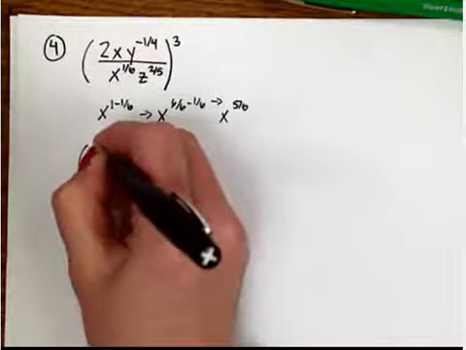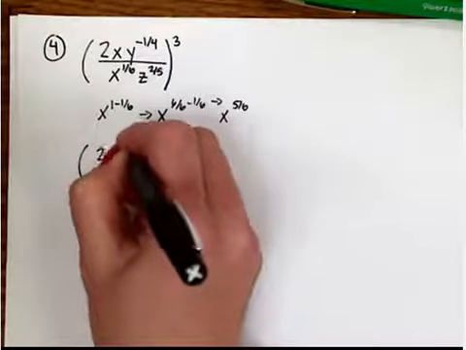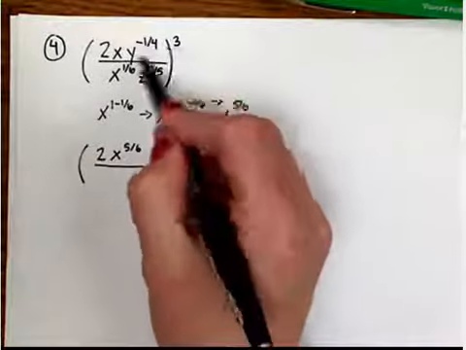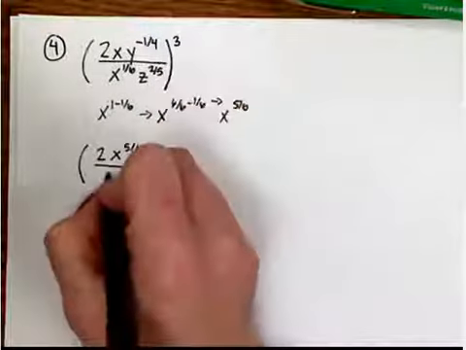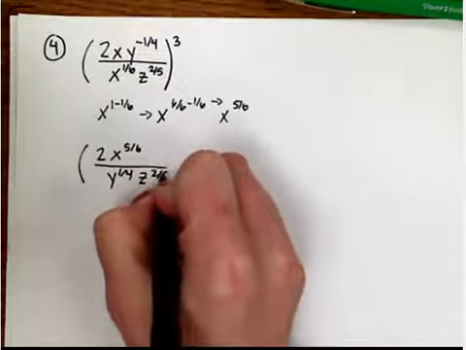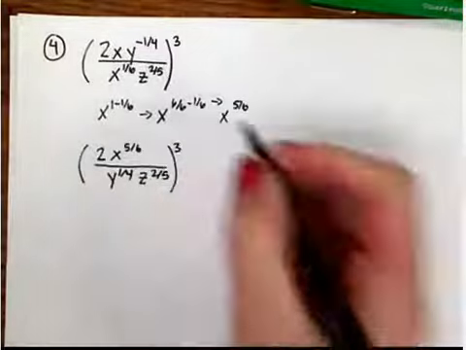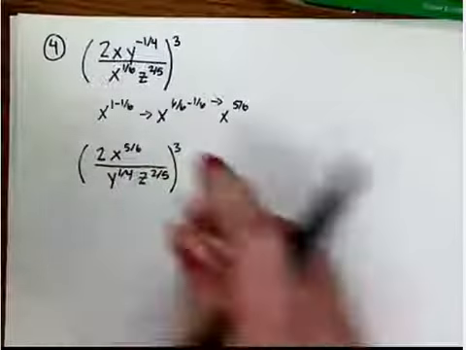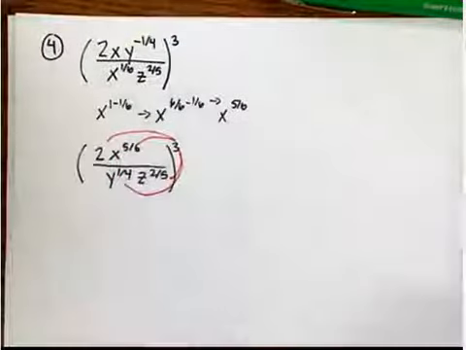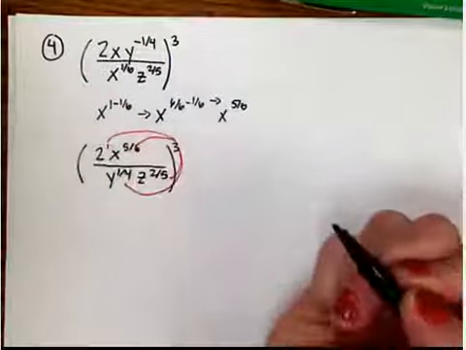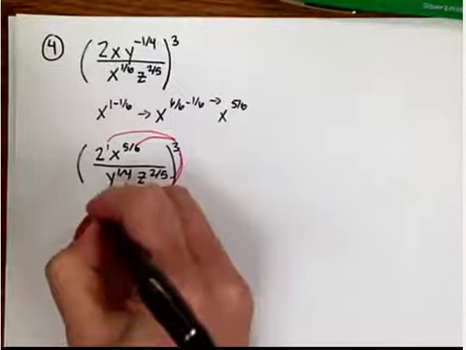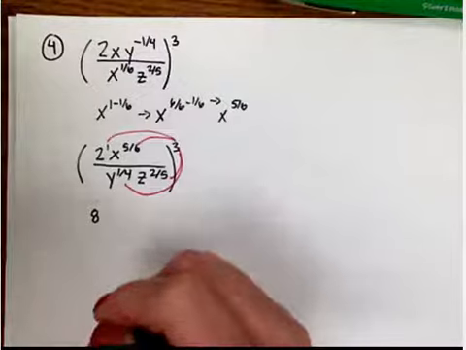And then let's go ahead and move this negative exponent to the denominator. Okay, and now let's cube. Okay, so 2, right, this is the first power, so it's times 3, so it's 2 cubed. 2 times 2 is 4, times 2 is 8.